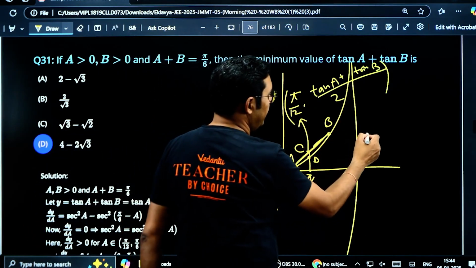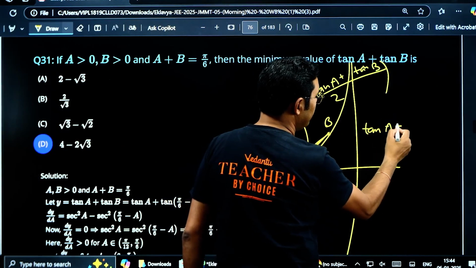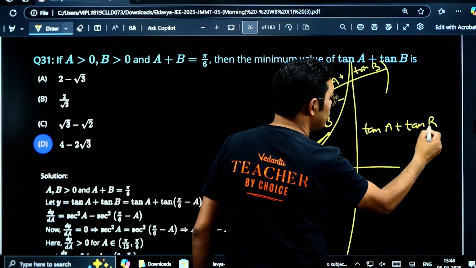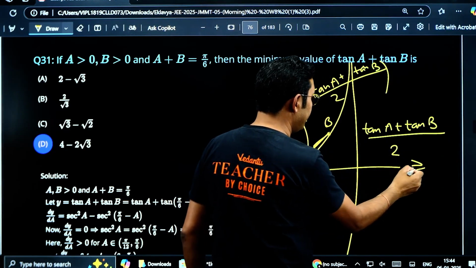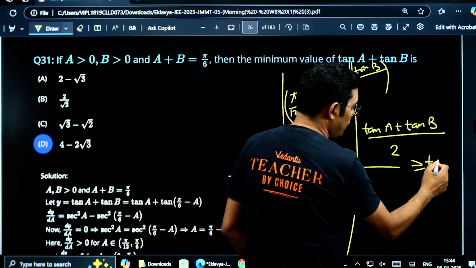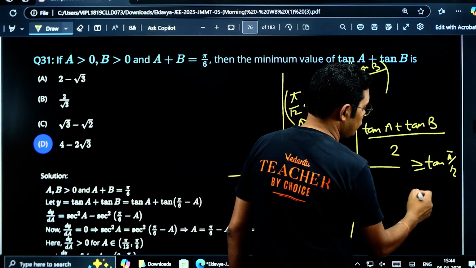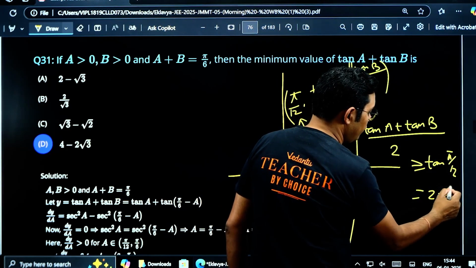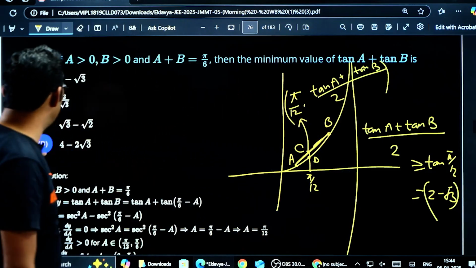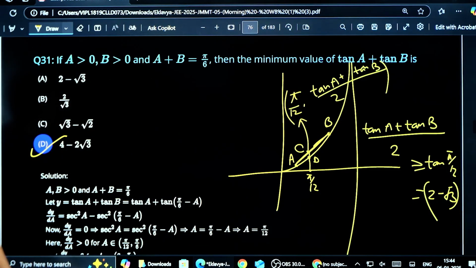So (tan A plus tan B) upon 2, from this diagram, we can say should be greater than or equal to tan of pi by 12, which is 2 minus root 3. If you multiply by 2, you get the same answer, that is D. So D is the answer to this question.